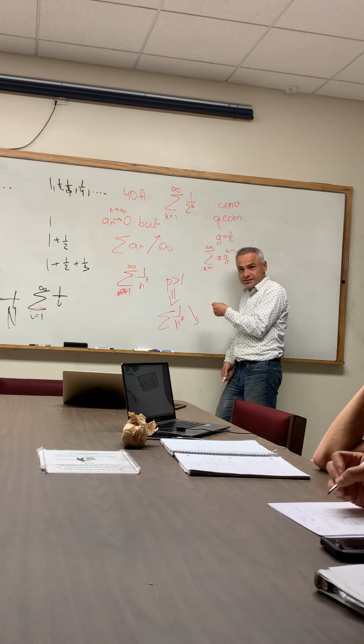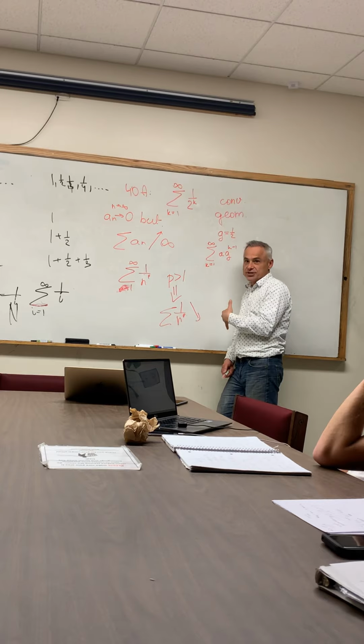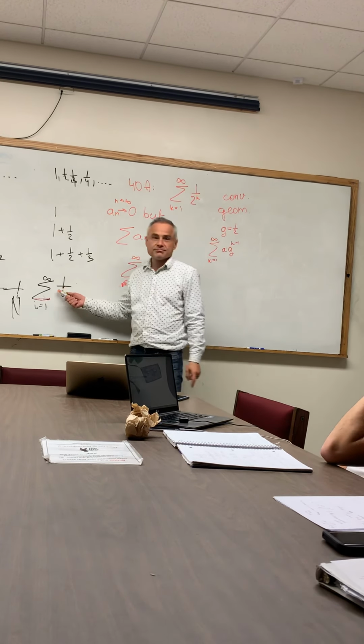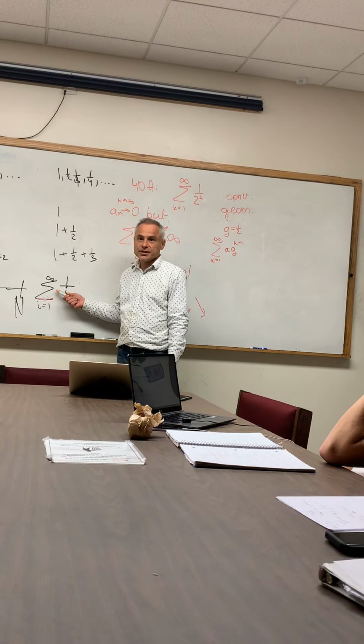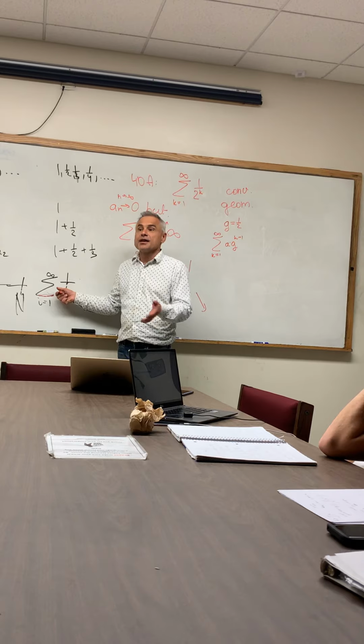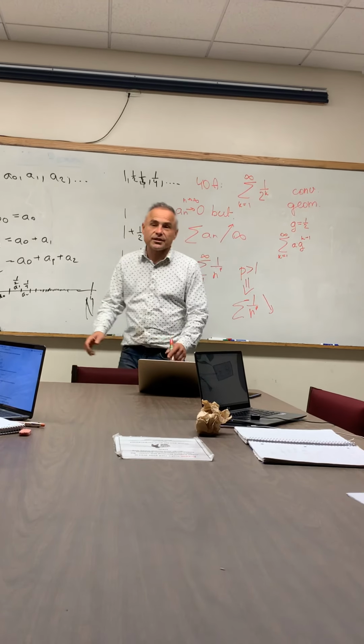If p is 1 or less, then the series diverges. p equal to 1 is this first example. So just to sum up, if something like that is on the exam, you say it's a p-series with p equal to 1, so the series diverges.